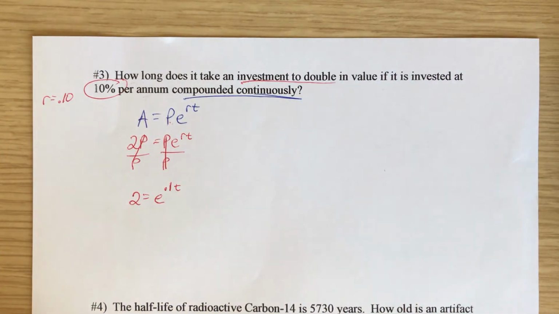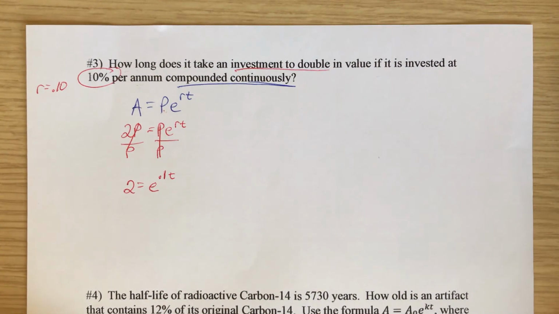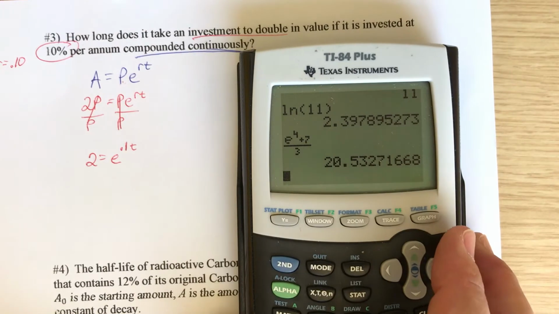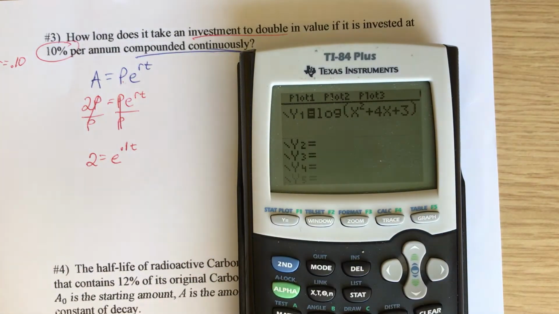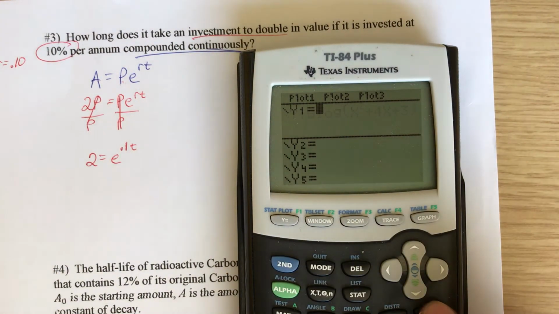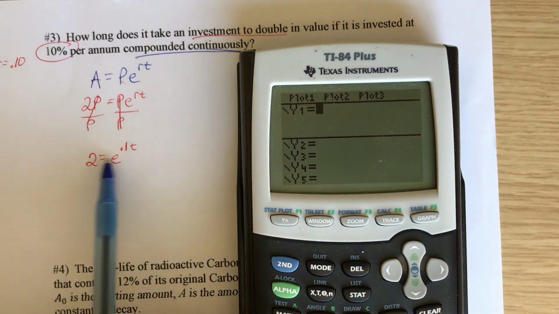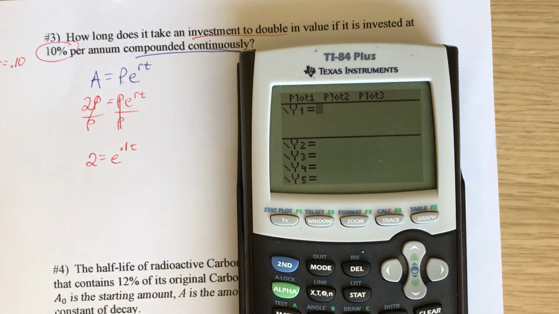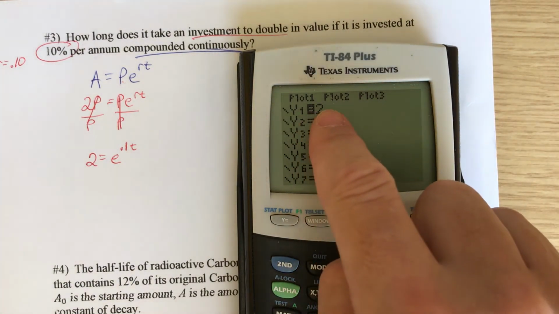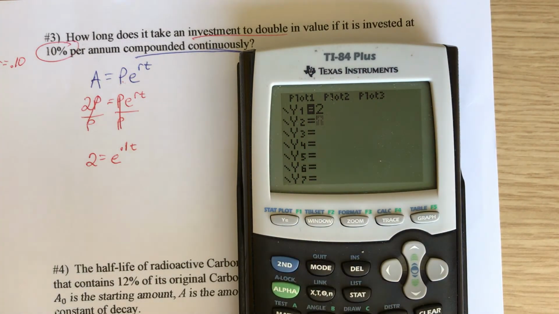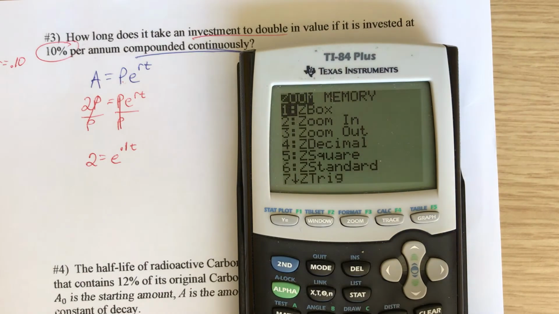We solved this problem. We actually did this when we were talking about compound interest. But the way that we solved it originally was we had to go to the calculator because we did not know at this point how to solve this kind of equation algebraically. So the first equation is y equals 2, and the second equation is y equals e to the 0.1 times x, and then we graphed.